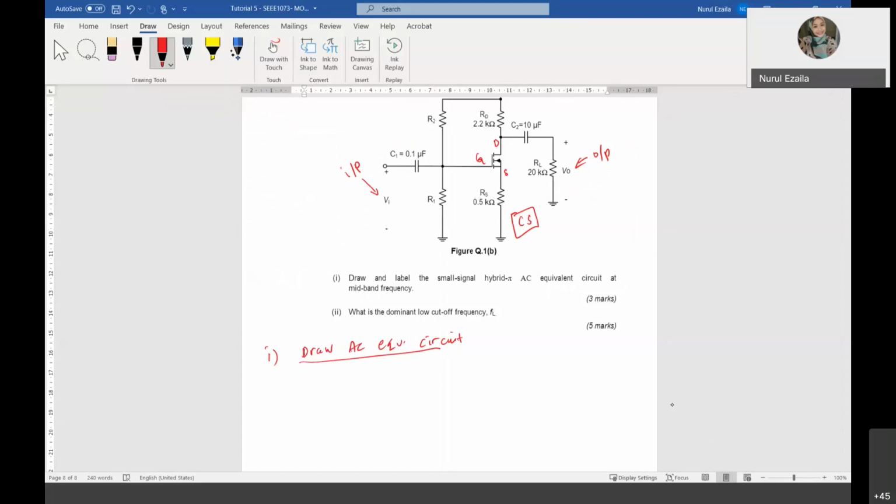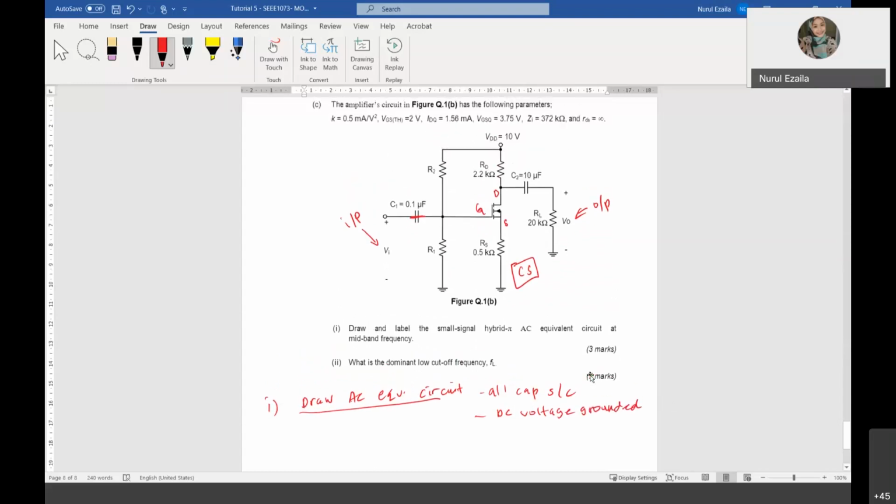This is common source. All capacitors are short circuit, and also the DC voltage is grounded. So this is grounded, so this is short circuit.